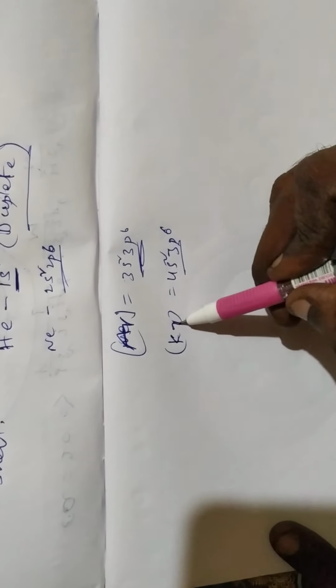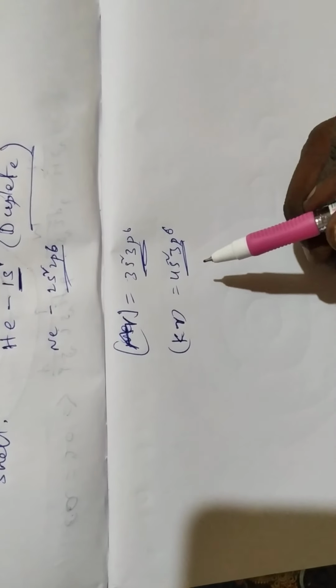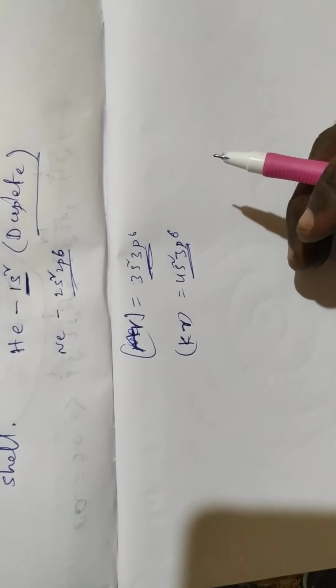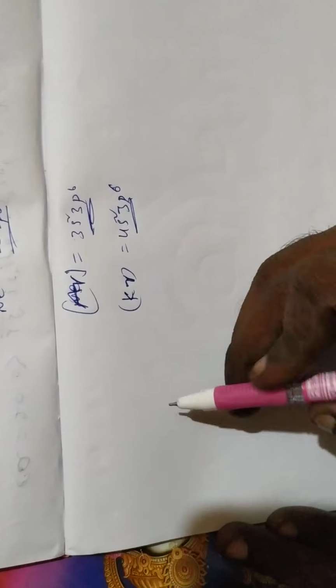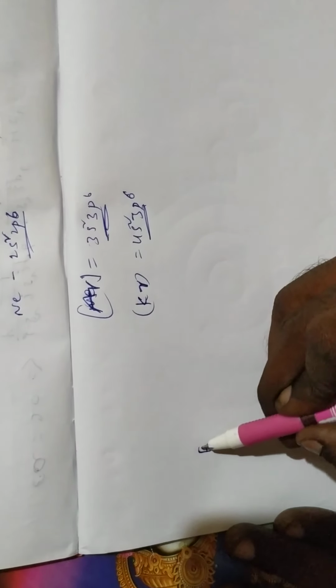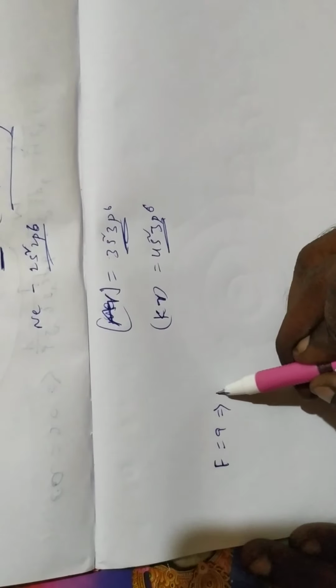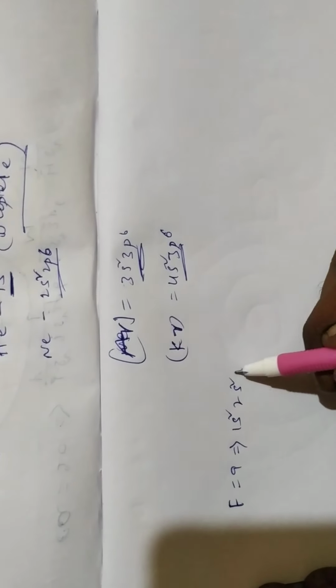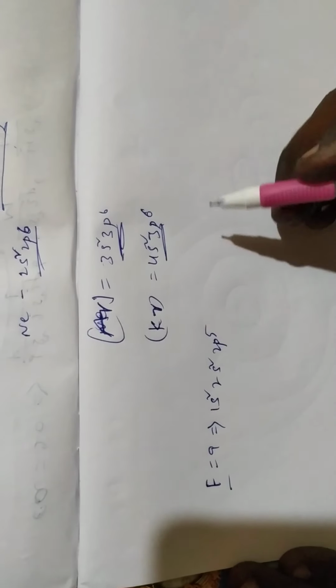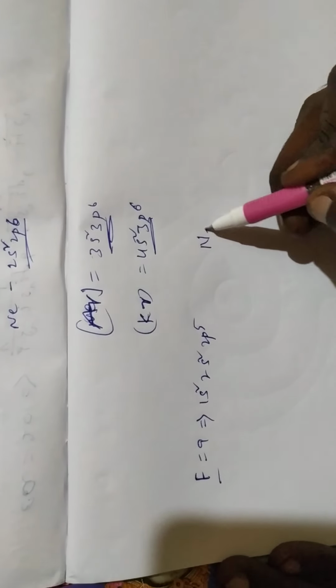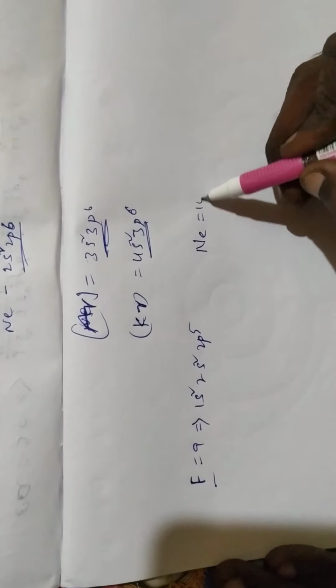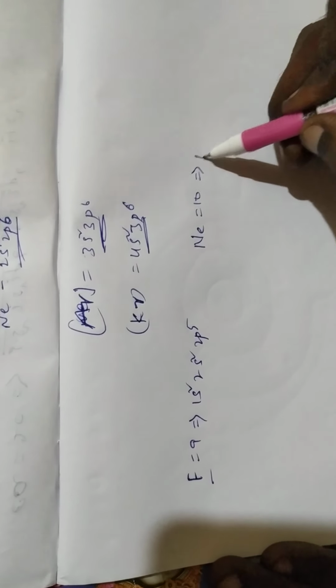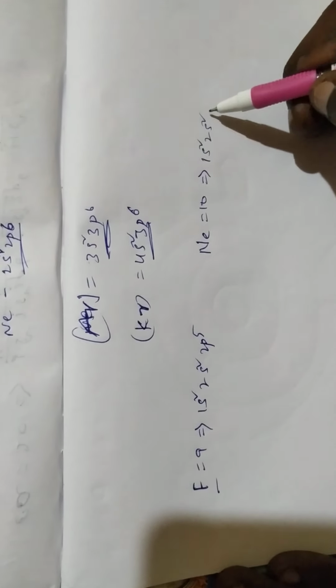Like these noble gases, the remaining elements try to gain stability by the loss or gain of electrons. For example, fluorine, atomic number 9, has electron configuration 1s2 2s2 2p5. The nearest noble gas to fluorine is neon, atomic number 10, with configuration 1s2 2s2 2p6.